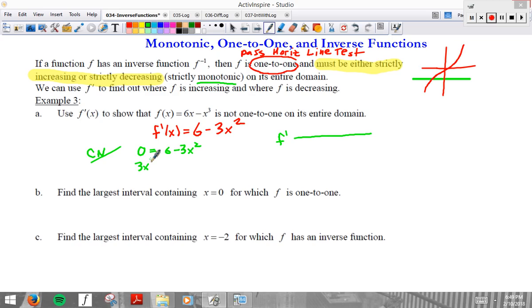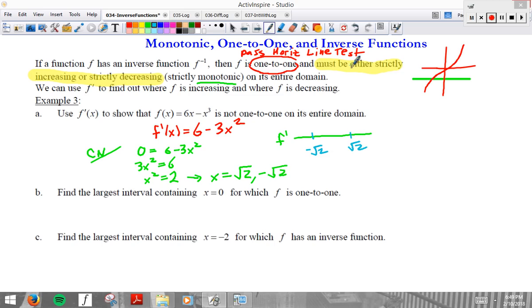Three x squared equals 6. X squared equals 2. X equals root 2 and negative root 2. So what we have is two critical numbers, negative root 2 and positive root 2.